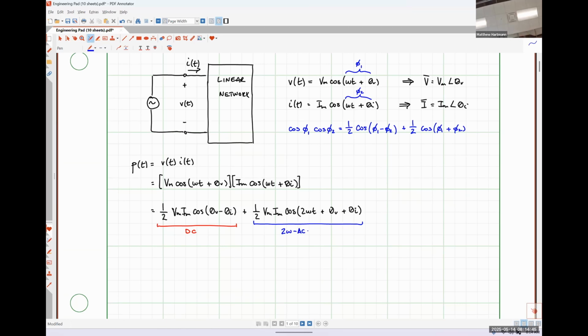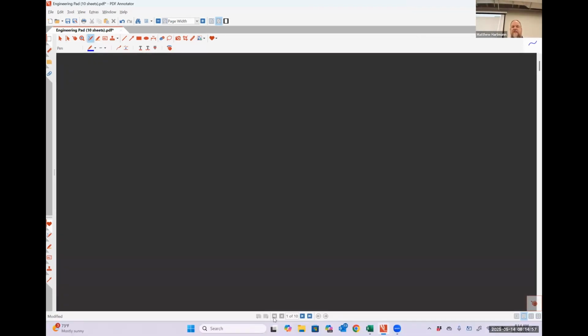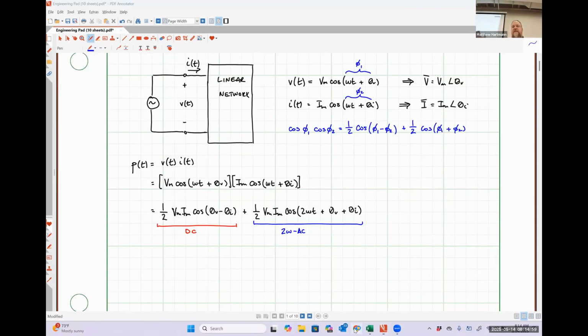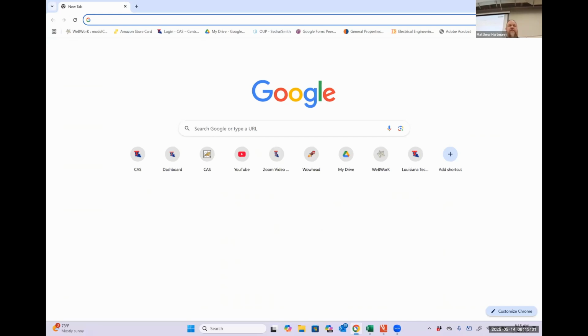I want to look at what this instantaneous power might look like if we were to plot it out, and to help my lack of artistic abilities, we'll use Desmos here.